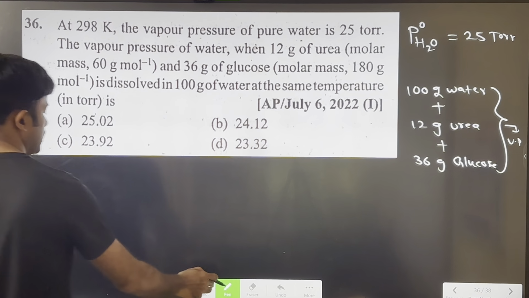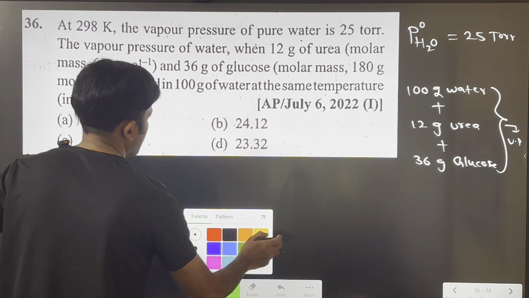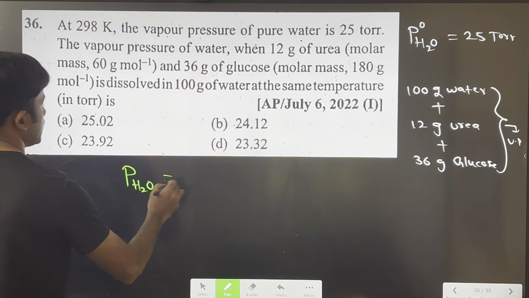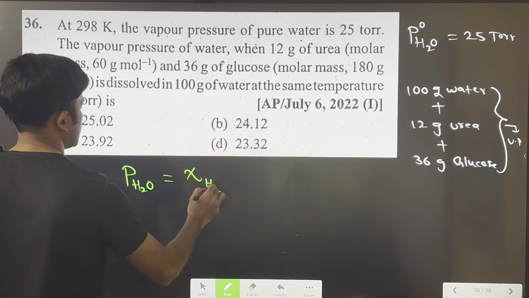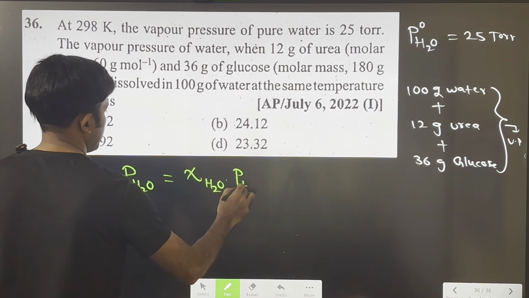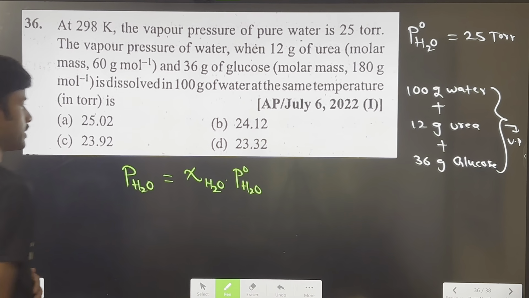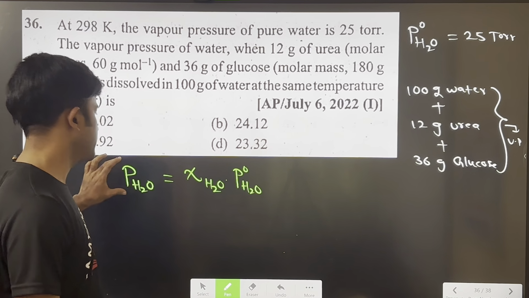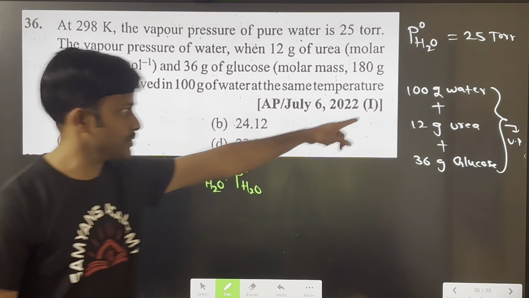How do you get this? We have a formula: pressure of water is equal to mole fraction of water times pressure of water in its pure state. Then use this formula to find out the pressure of water in this solution.